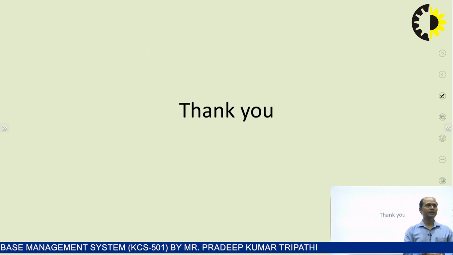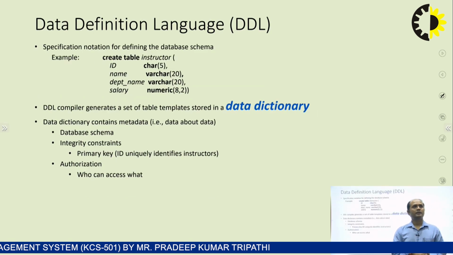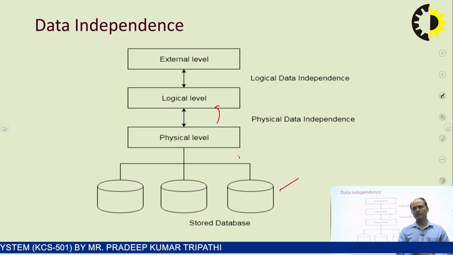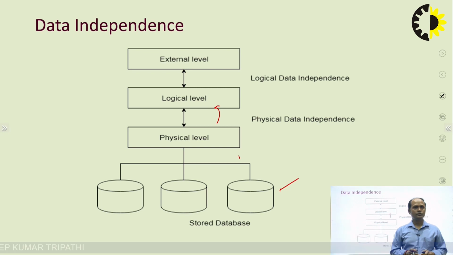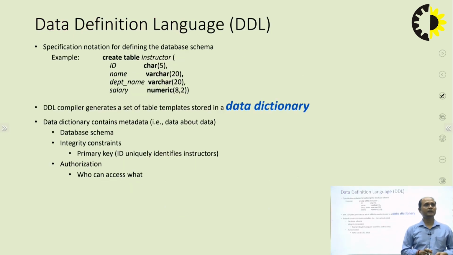Now a brief about DDL commands and DML commands, because we can access the database by using these commands. This is part of SQL, structured query language, which we will discuss in the second unit, but we have given a brief of DDL. Data definition language is used for definition purposes. Suppose we create a table, this is called a DDL command.